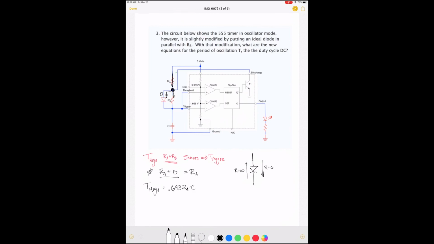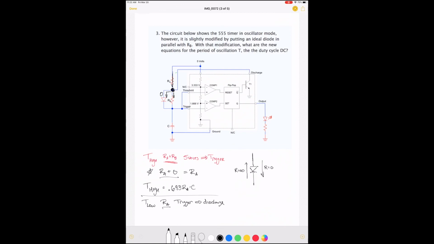So now we have to find the equation for T low. T low is going to use the resistance. It normally just uses RA, which is the resistance from the trigger to the discharge.